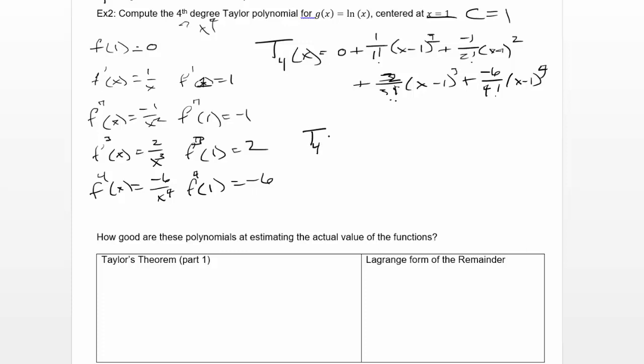So maybe a more simplified way to write this would be the Taylor polynomial should be 0 plus 1 times x minus 1, minus 1/2 times x minus 1 squared, plus, we just said this, 2 divided by 3 factorial is 1/3, x minus 1 to the third power. 4 factorial is 4 times 3 times 2 times 1, and 6 is 3 times 2 times 1. So the 3 times 2 times 1's will cancel, and we're left with just a 4 and a minus. So minus 1/4 x minus 1 to the fourth.